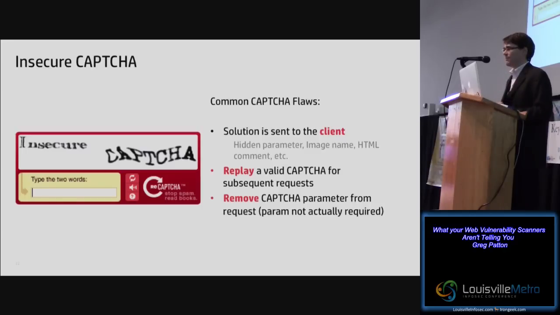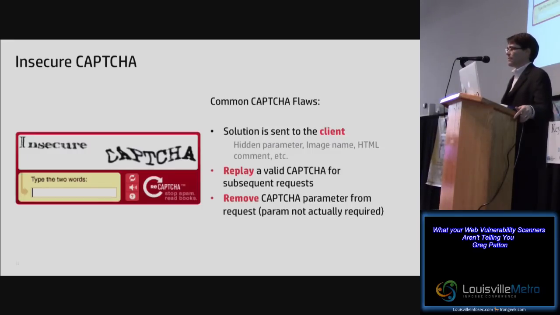These often come in the form of hidden input parameters, hidden HTML inputs. Oftentimes the image name of the CAPTCHA itself, or the CAPTCHA control name, will have the solution, or you'll find it in various comments.